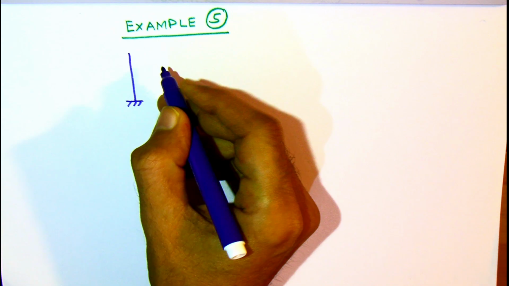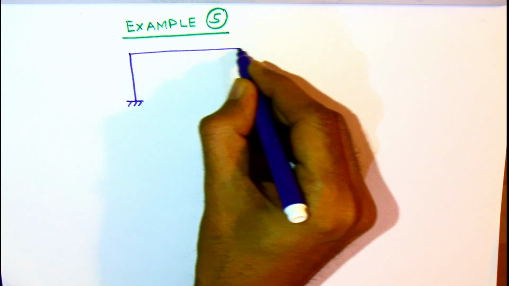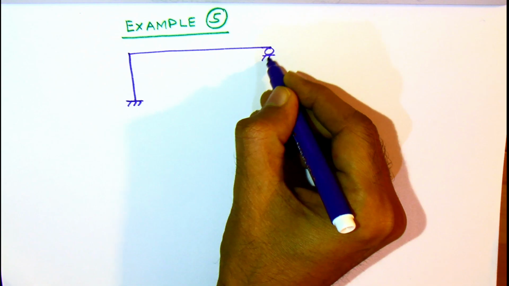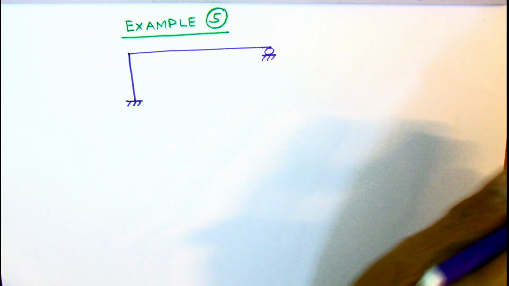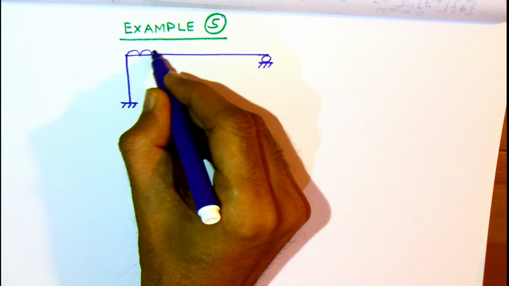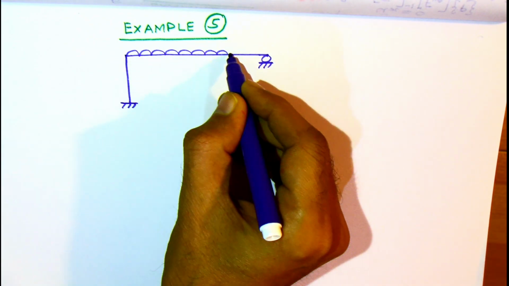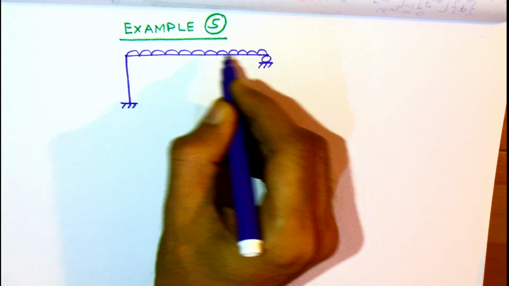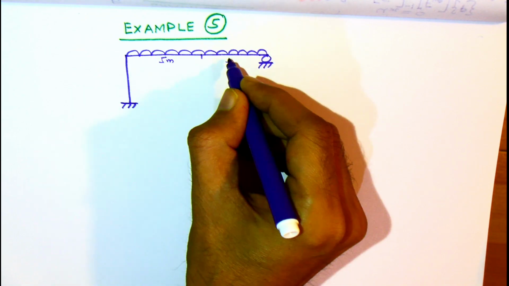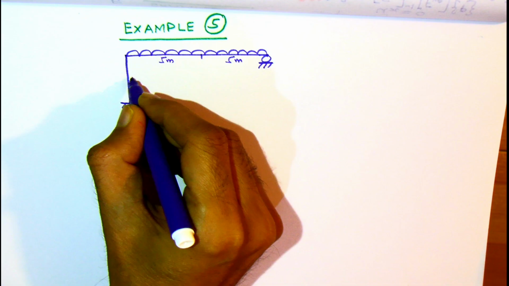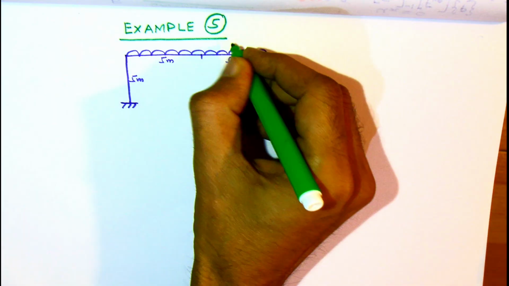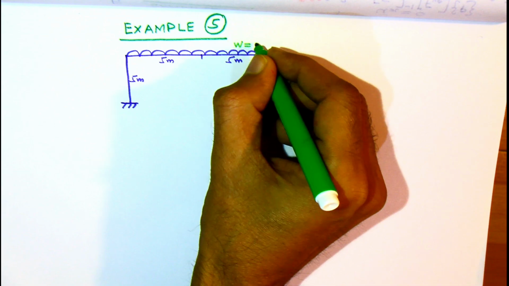The top horizontal member is double the length of the vertical member, and there is a roller at the end, and the horizontal member is under a UDL W. The lengths are shown as 5 meters and the UDL is 10 kilonewton per meter.